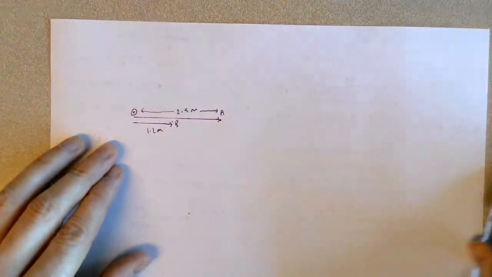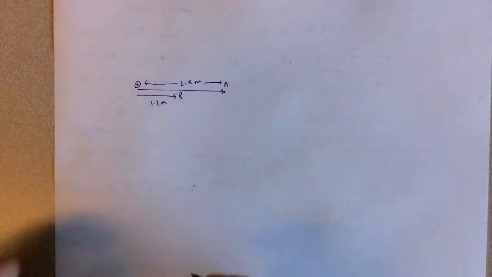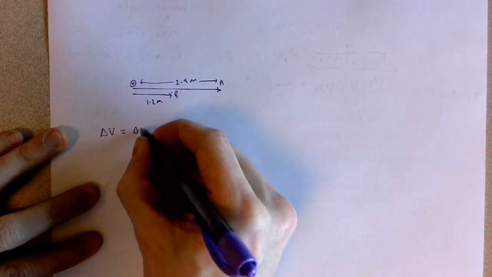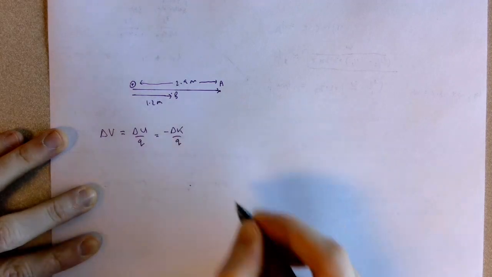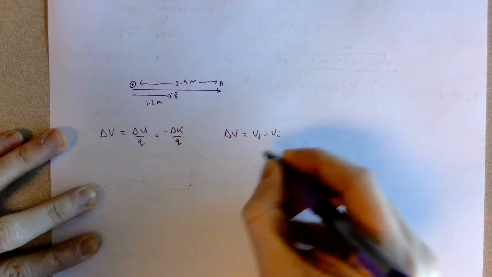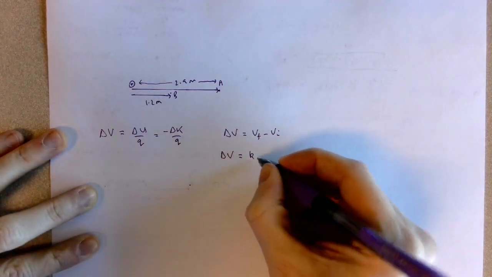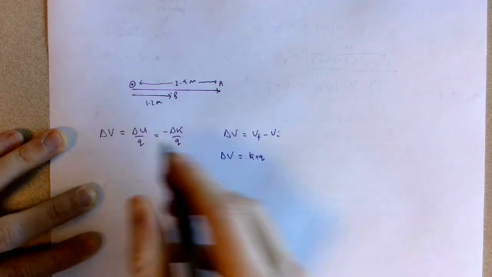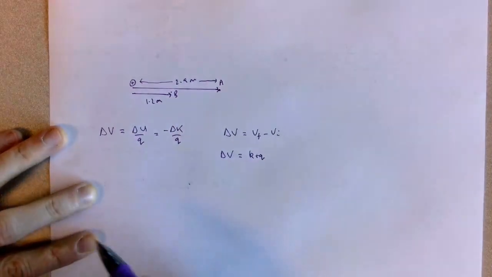So we're going to think about what is the potential difference that the charge moves through. So remembering that the delta V is delta U divided by Q, which is equal to negative delta K divided by Q. So the delta V is going to be V final minus V initial, and this would be K of the plus Q, because that's what's setting up the potential, and the other charge is moving through that potential.